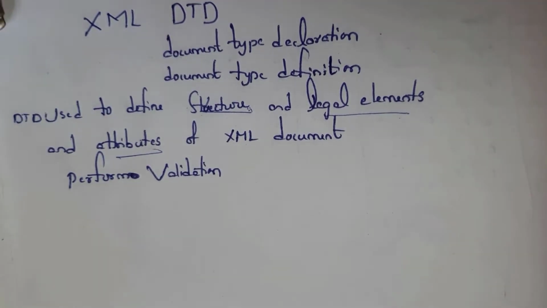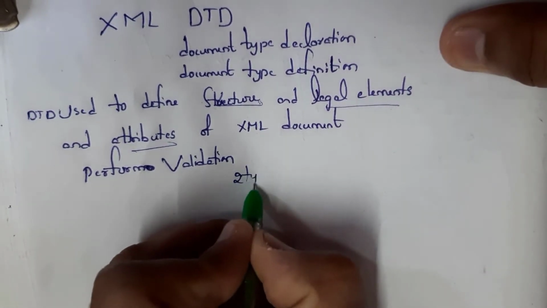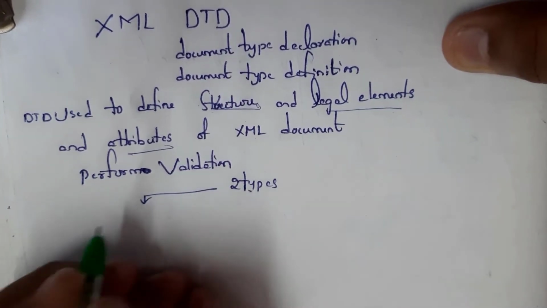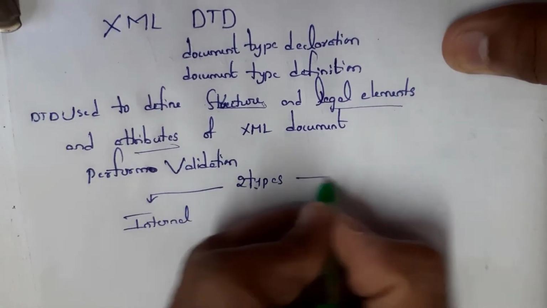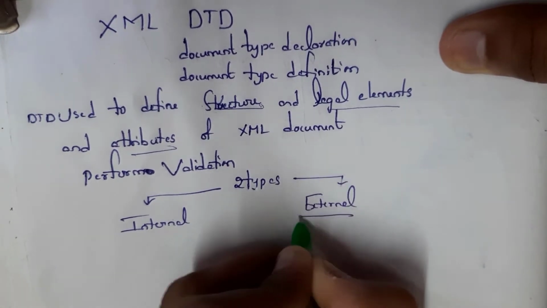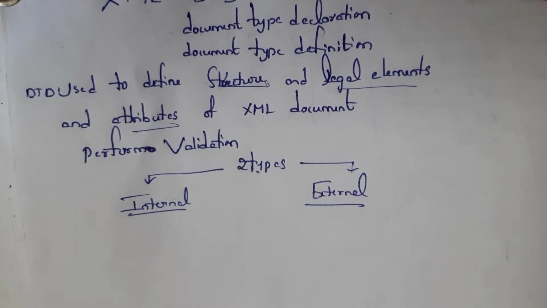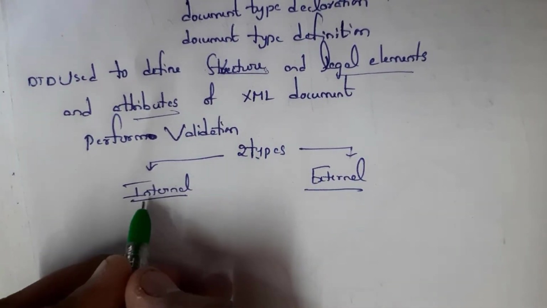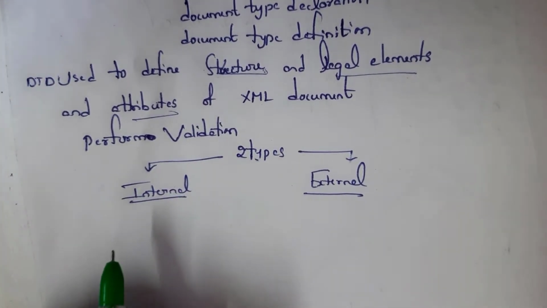See, this XML DTD is classified into two types. First one is internal and next one is external. See, the elements which are declared within the XML file is known as internal.